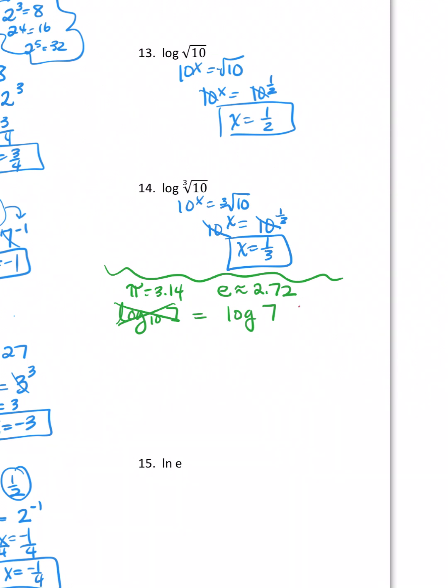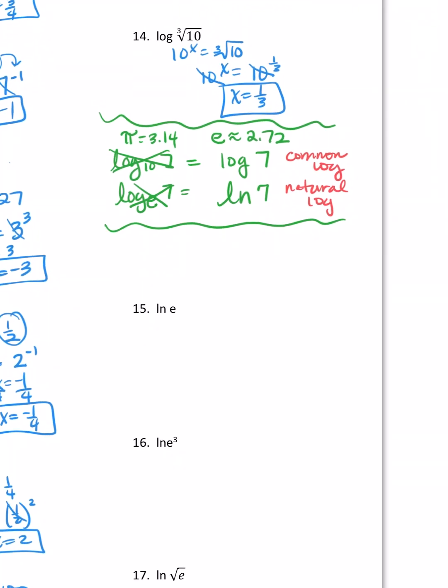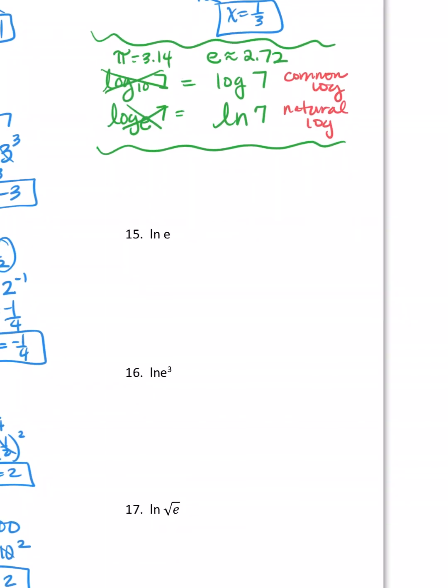And we call this one the common log. And we also talked about we don't see the log of base e anywhere. We rewrite that as the natural log of 7. So we don't ever write this, never, never, never. This is what we call the natural log. So we're going to do some natural log practice on the next few because they all have an e in them. So just reminding you what to do there.